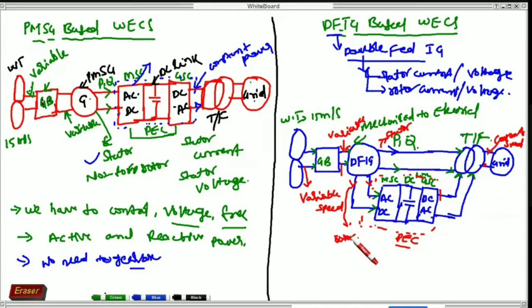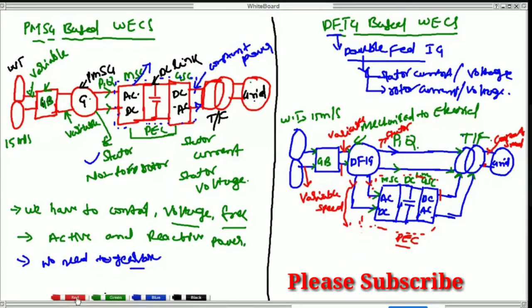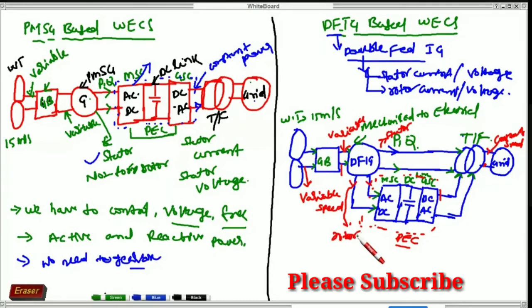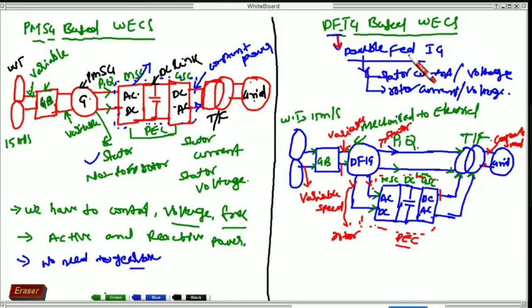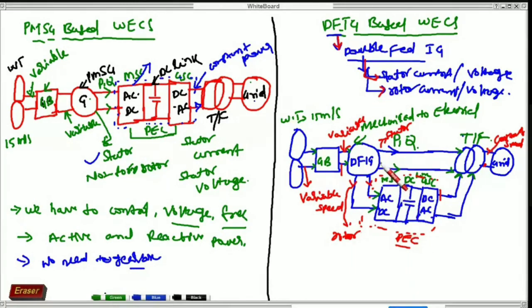Why stator side and rotor side? See here, the doubly fed induction generator will produce the power at the stator side as well as the rotor side. So that's why I'm connecting here some power electronics converters, and we are connecting directly to the transformers here.